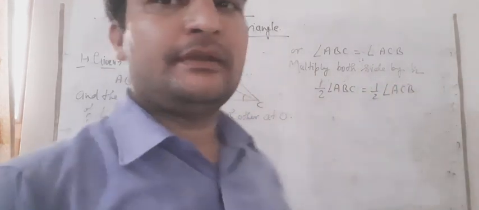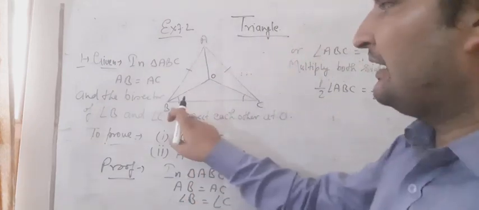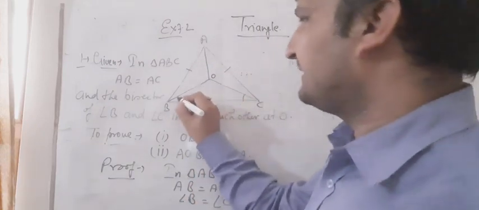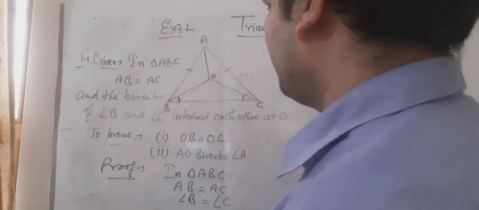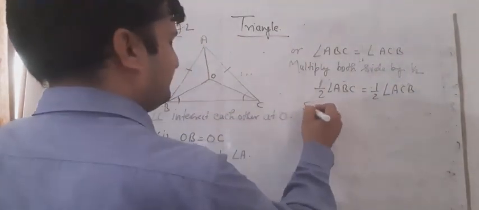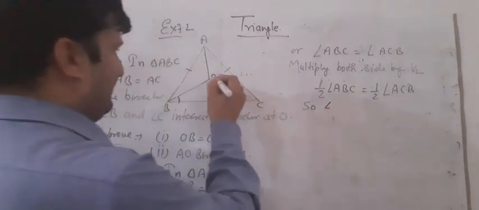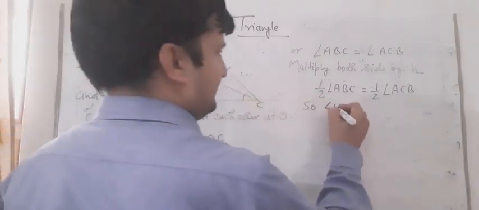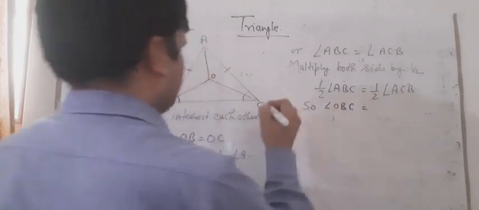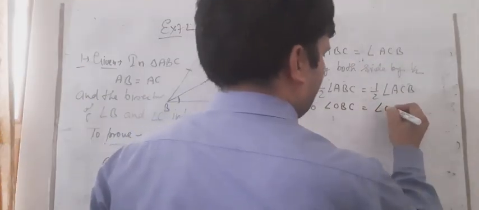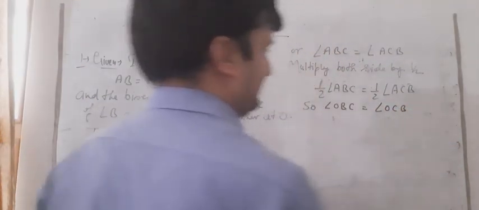Now student, half of angle ABC means, as it is given that angle B and angle C have bisectors, so we can say that angle OBC is equal to angle OCB.